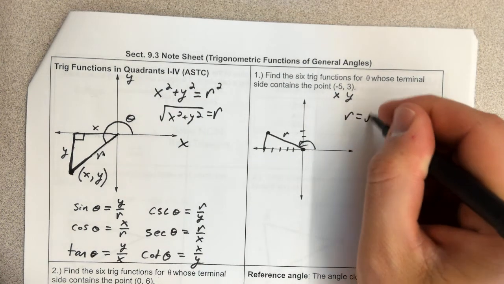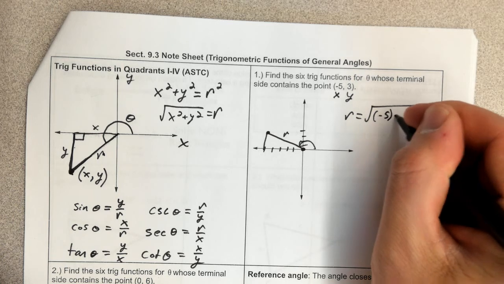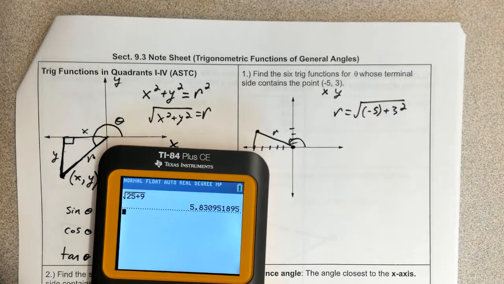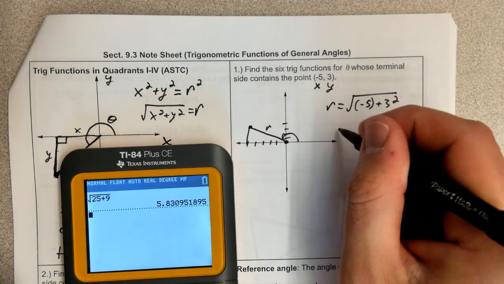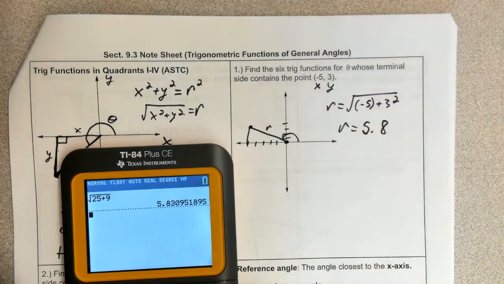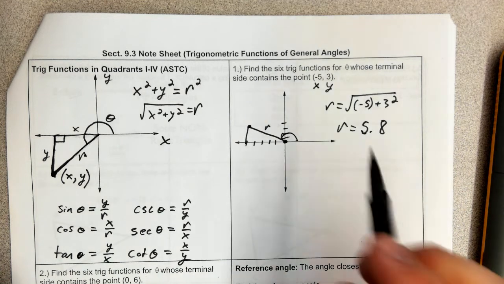So r is equal to the square root of -5 squared plus 3 squared. That's going to be the square root of 25 plus 9, and so you get 5.8. So r is equal to 5.8. And then I can go figure out the rest of the trig ratios.